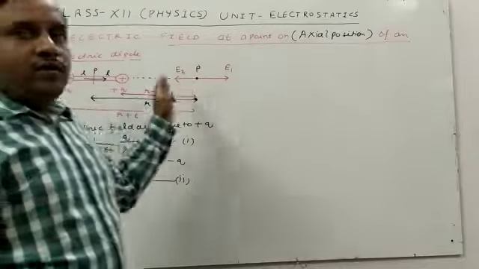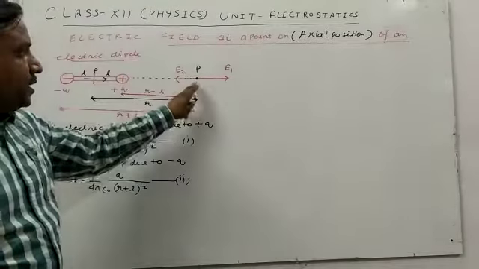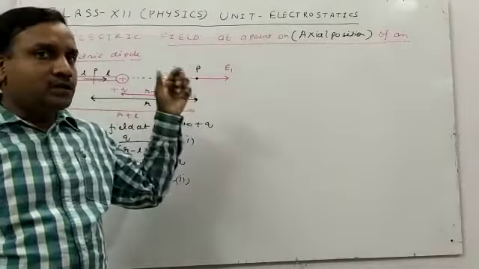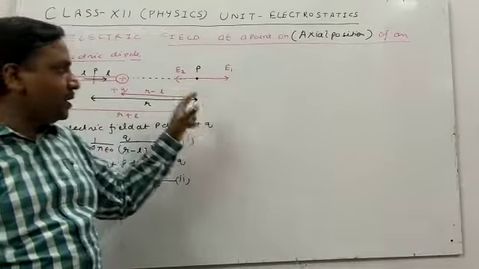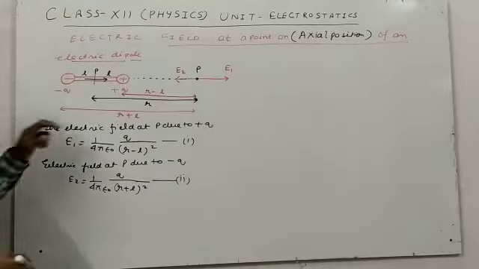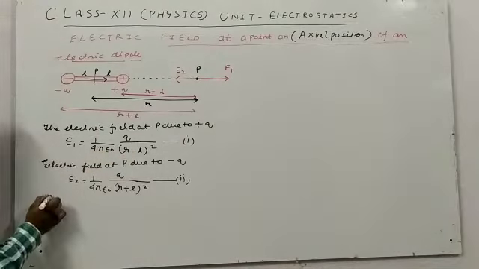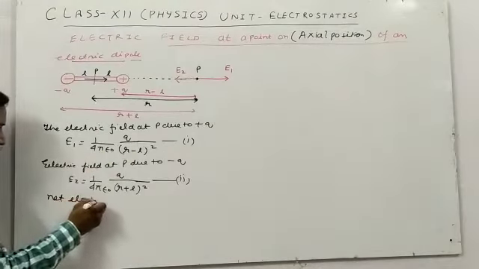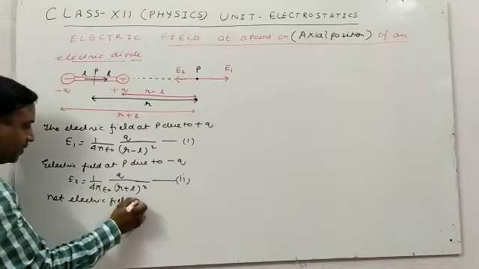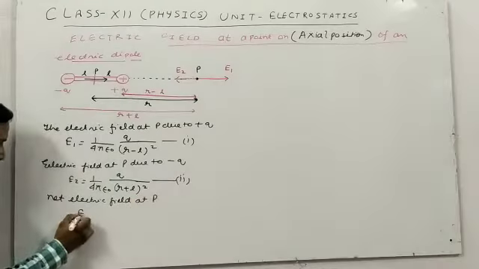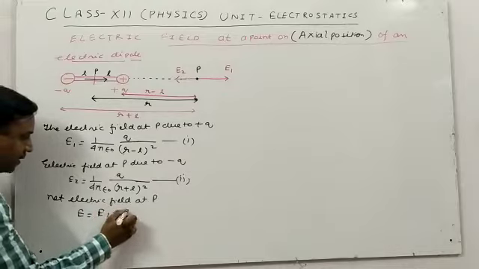Since E1 and E2 are in opposite directions, the resulting electric field at P is calculated by subtracting E2 from E1, because E1 is bigger as its denominator is less. Net electric field at P, E, is E1 minus E2.